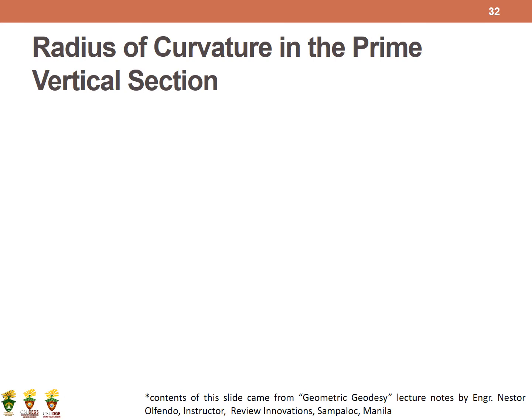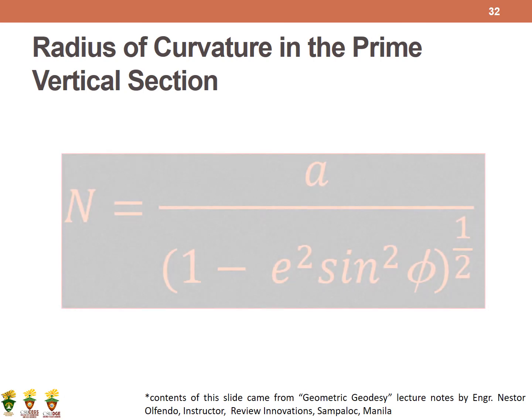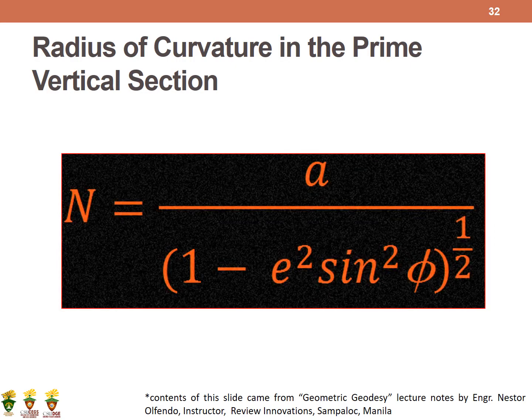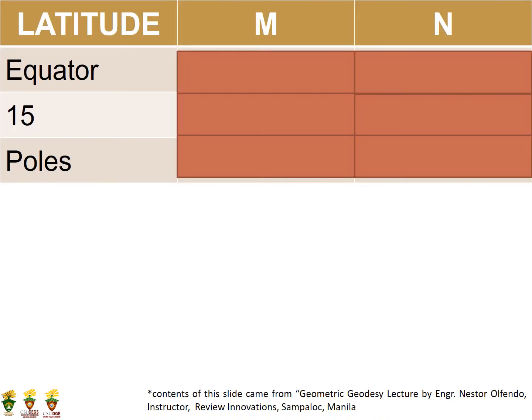Next, the radius of curvature in the prime vertical section is this formula. N is equal to a all over 1 minus e squared sine squared theta raised to the power of 1/2. So let's try to solve the values for certain geodetic latitudes.